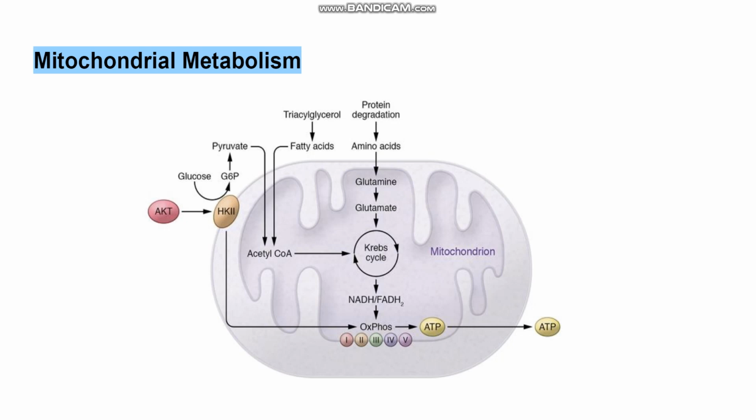This is called the urea cycle. The urea cycle is also a metabolic process inside the mitochondria. Then we also have gluconeogenesis. We have ketogenesis, which is also a product. I'm not going to talk about these ones too much in detail.